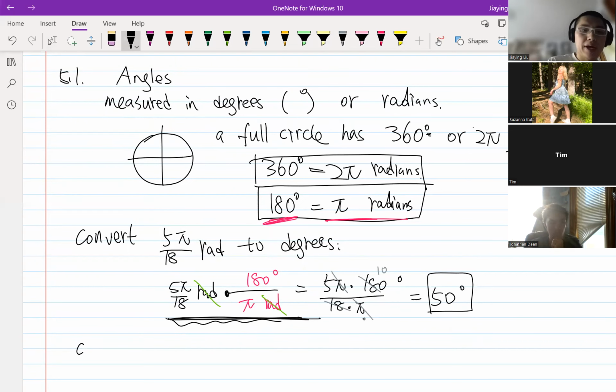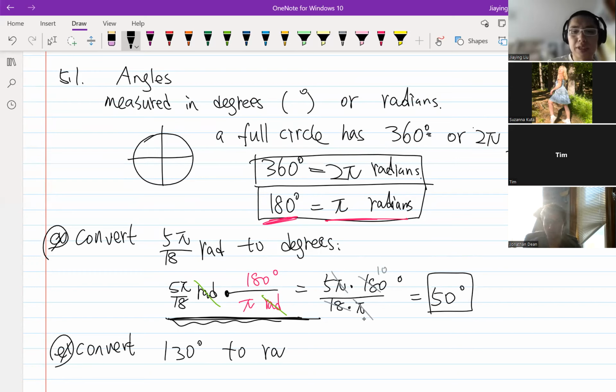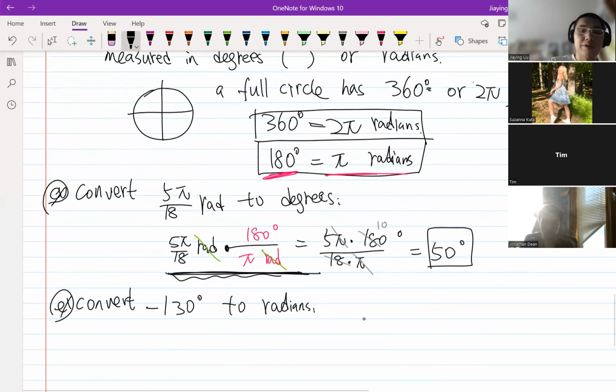So the next example I have is to convert, let's see, 130 degrees to radians. Well, let's see, negative 130 degrees. We could have a negative angle to radians. So what I'm going to do is I'm going to begin with negative 130 degrees.